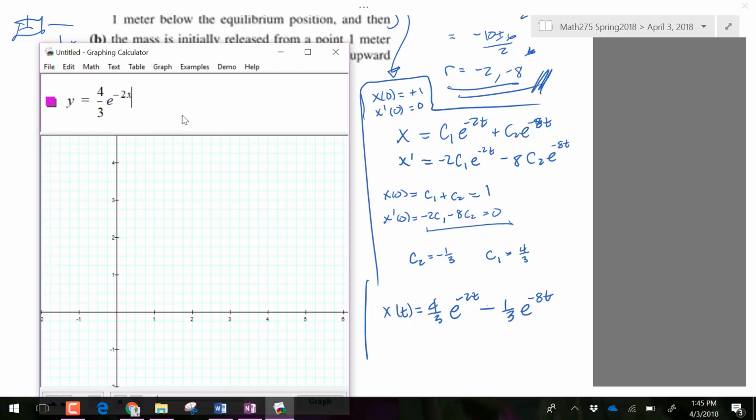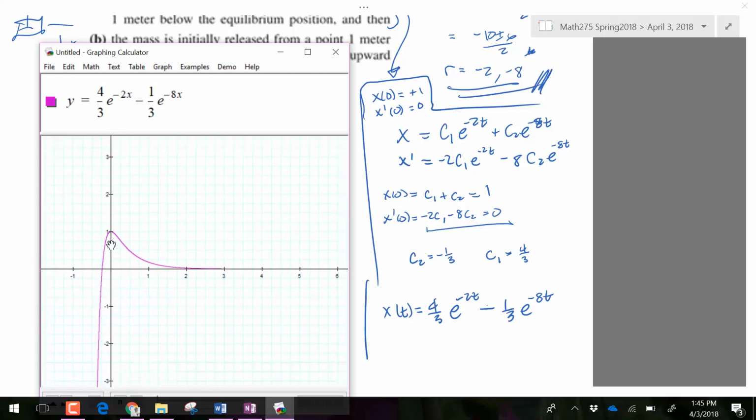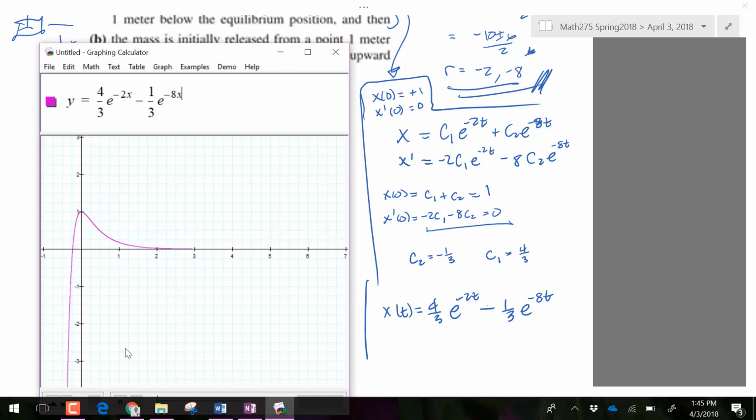Overdamped means it doesn't pass through the equilibrium. When you release it, it just goes down to zero, and that's all that happens.